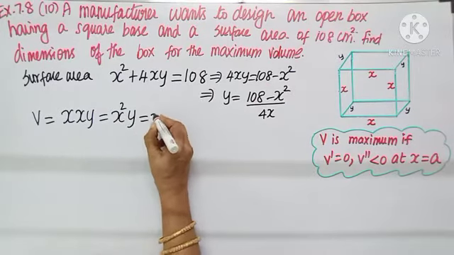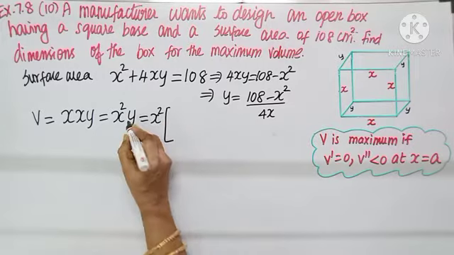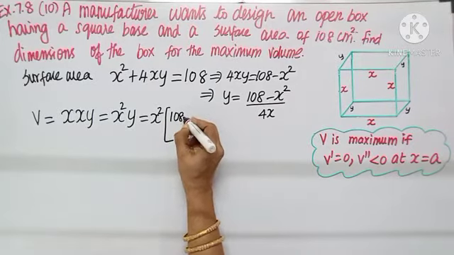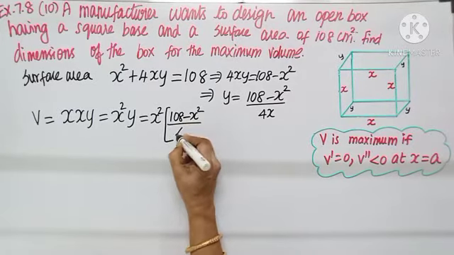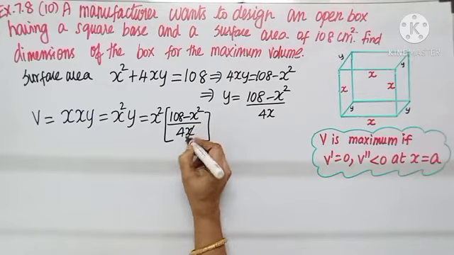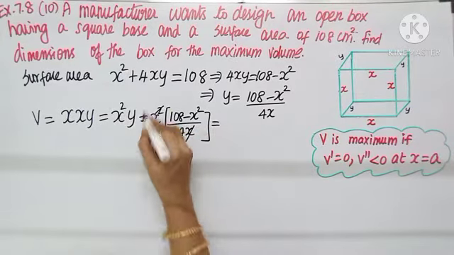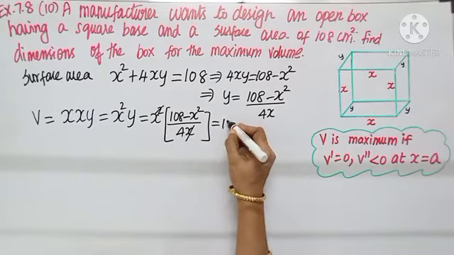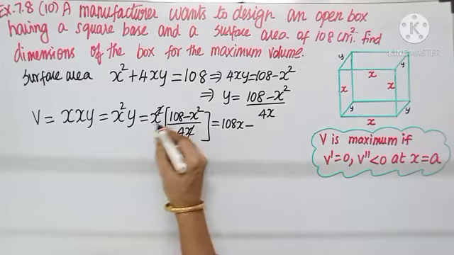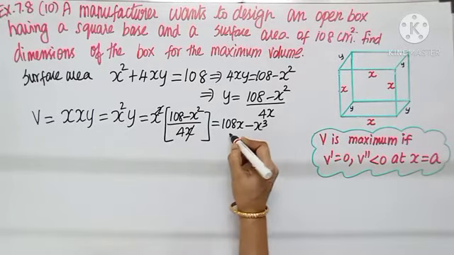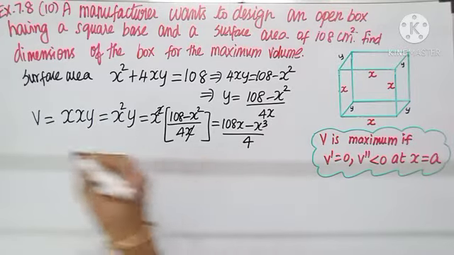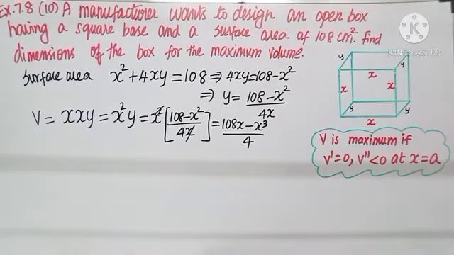Substituting here, x square into, what is y from here? (108 minus x square) by 4x. X we can cancel as I multiply: 108x minus x cube, divided by 4, and this is the volume.